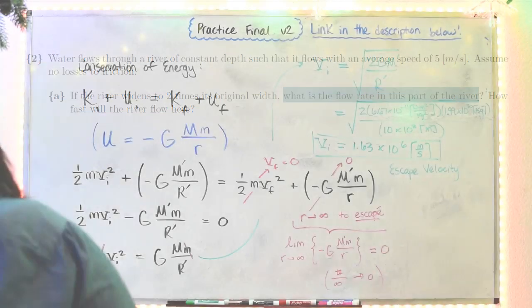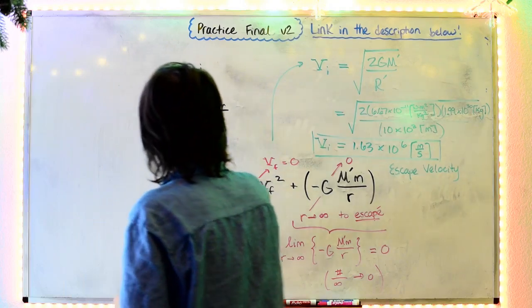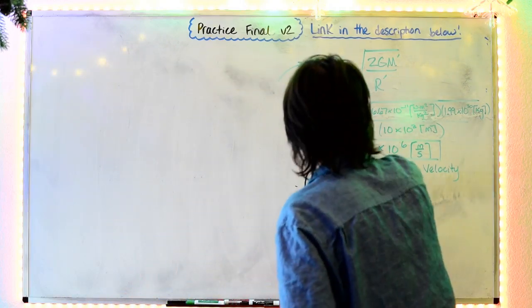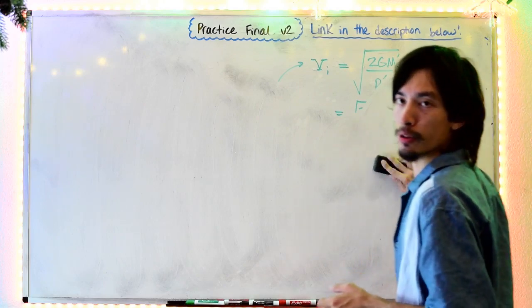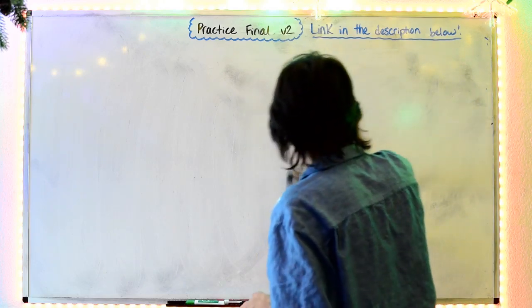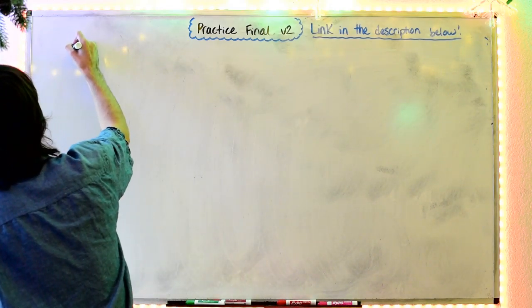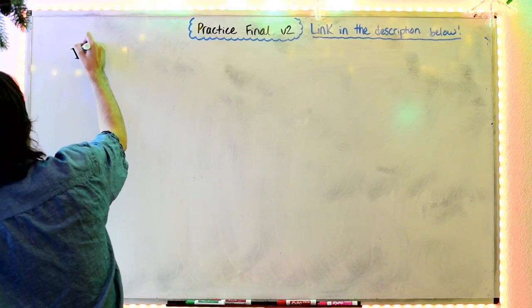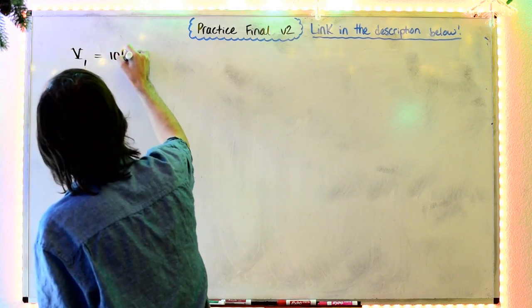So let's take a look at this one. So let me write out the changes that I am making to the problem to make it possible to do, and we'll go from there. So the changes to this one will be that the initial speed, I'll call it V1, is 10 meters per second.